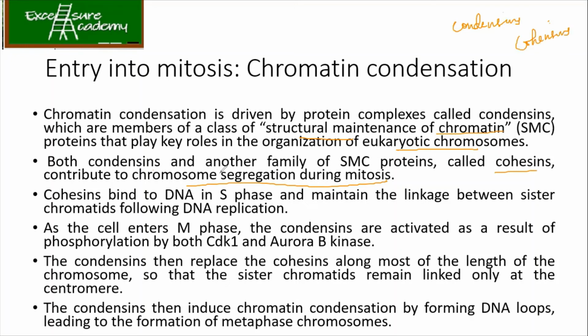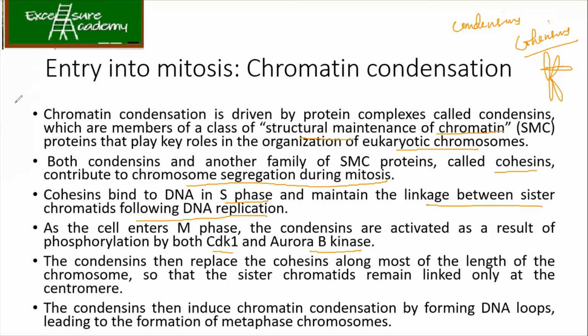Now, cohesins bind to DNA in S phase, maintain the linkage between the sister chromatids following the DNA replication. So we have got here two sister chromatids and both are linked by the cohesins. And as the cell enters the M phase, condensins are activated as a result of the phosphorylation by both CDK1 and Aurora B kinase.